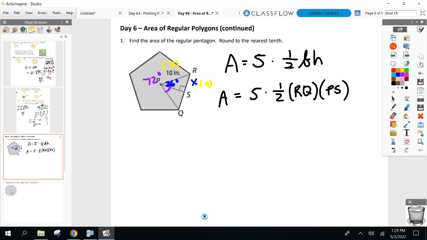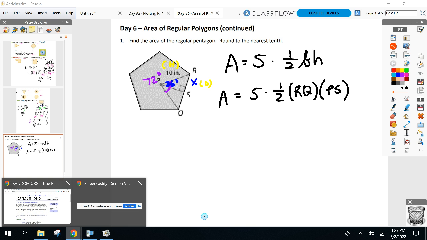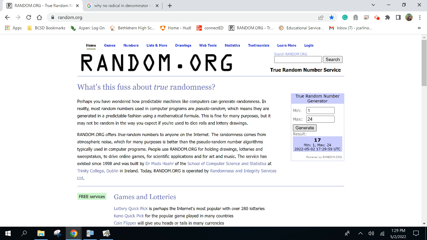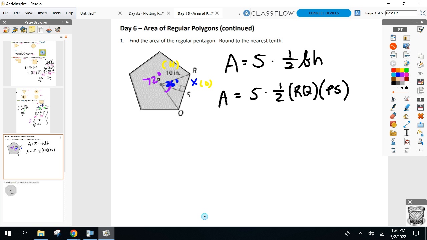So with those two, opposite and hypotenuse, if you remember how to spell SOHCAHTOA, which ratio can I use to find RS? Sine. Here we go. So find RS. Sine of 36 equals opposite X over hypotenuse 10.